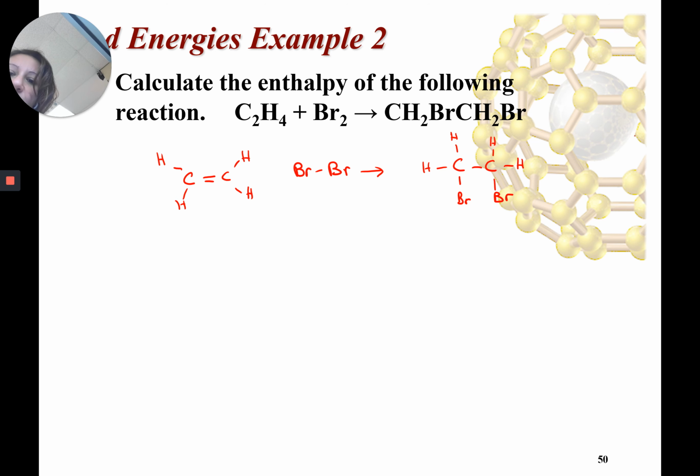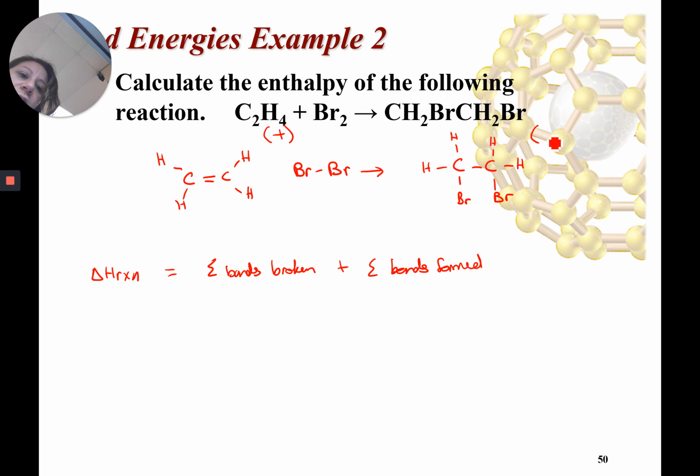So let's go through all of them. Remember, the delta H of the reaction, since we have bond energies, would be the sum of the bonds broken plus the sum of the bonds formed. And if it's in the reactants, we're going to use positive values because the bonds are broken, which is endothermic. In the products, we're going to use the negative values because the bonds are formed.